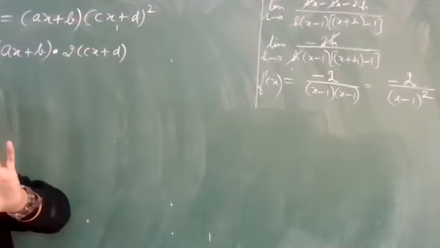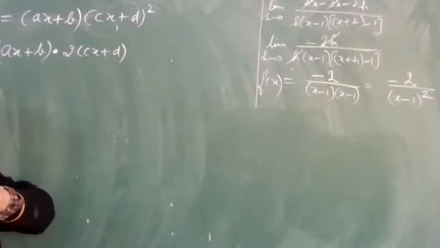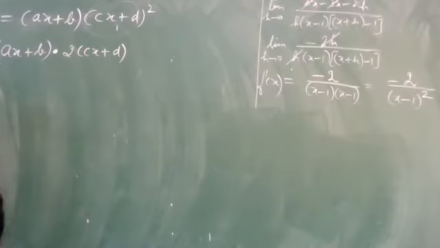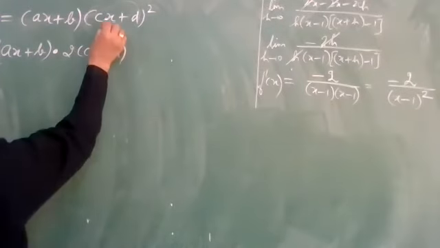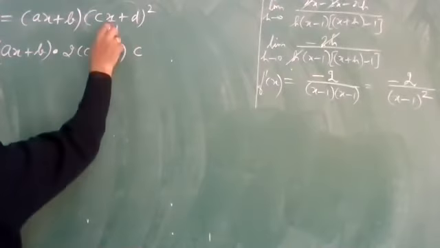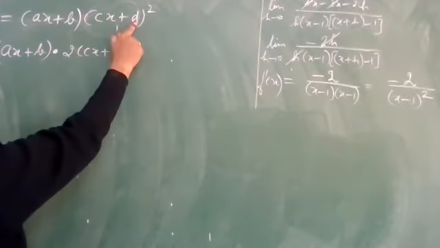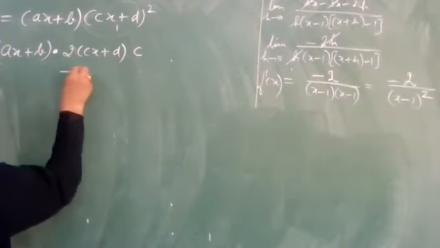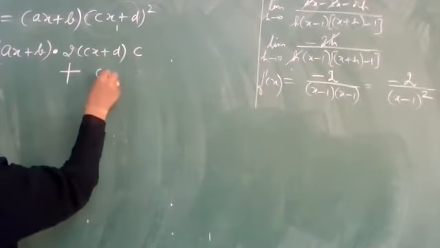What is the derivative of cx plus d? C. Only c because a constant is there with the variable. So constant comes as it is. Derivative of x is 1. d is a constant term, derivative is 0. So this is c. Plus. Then second function as it is.